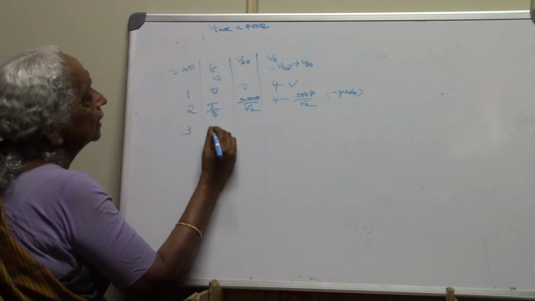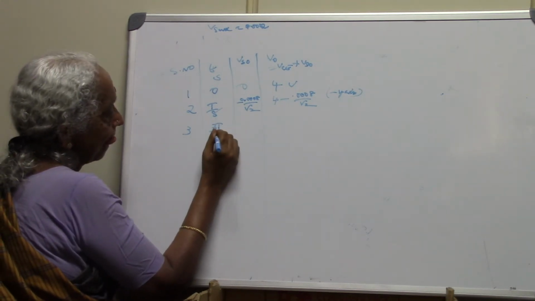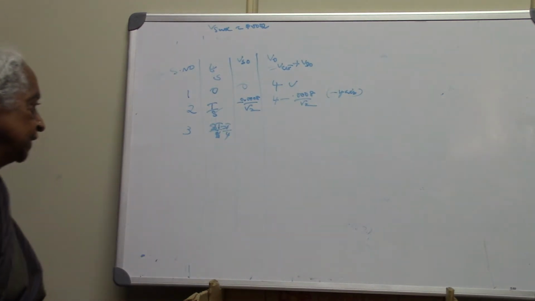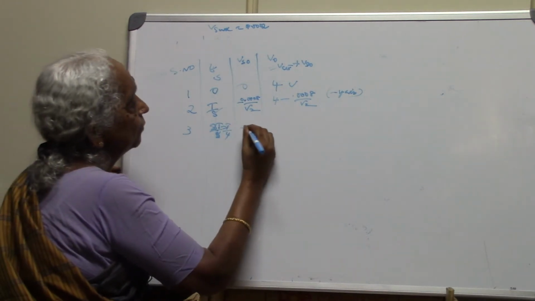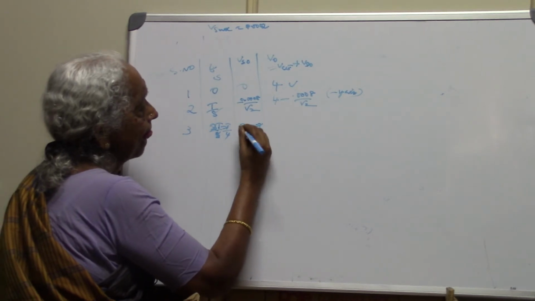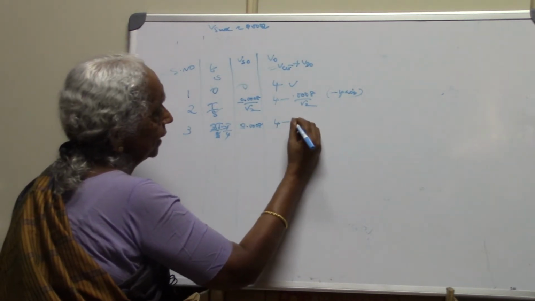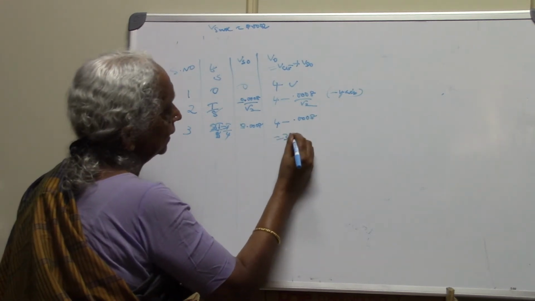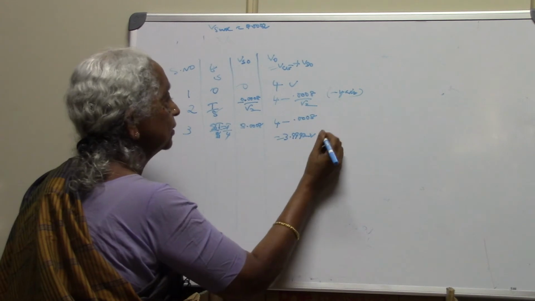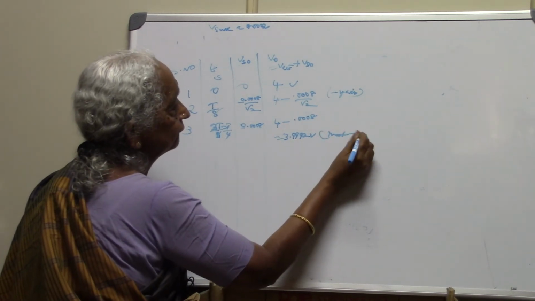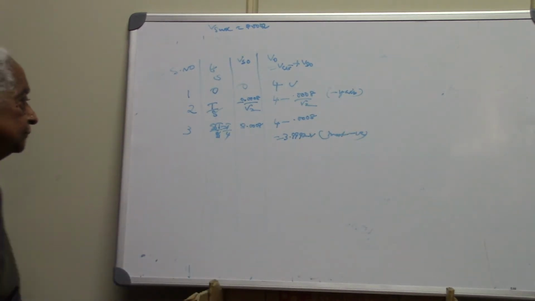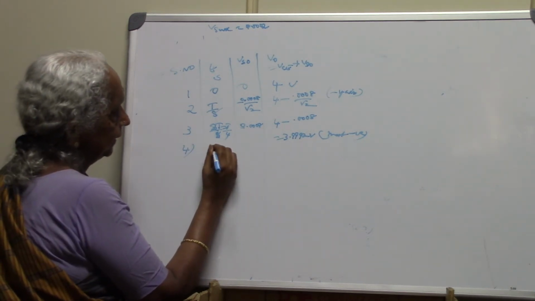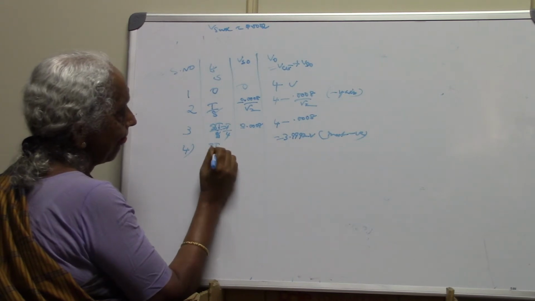Third one, 2T by 8, which is T by 4. It will be minus 0.0008, so it will be 4 minus 0.0008, which is equal to 3.9992 volt. Most negative. Fourth one, 3T by 8.